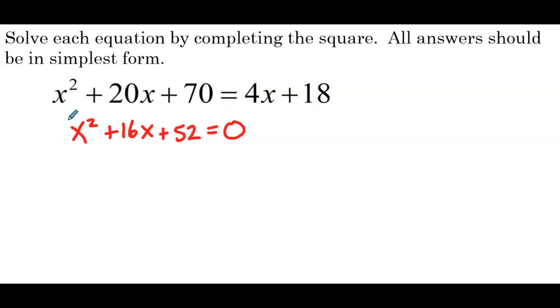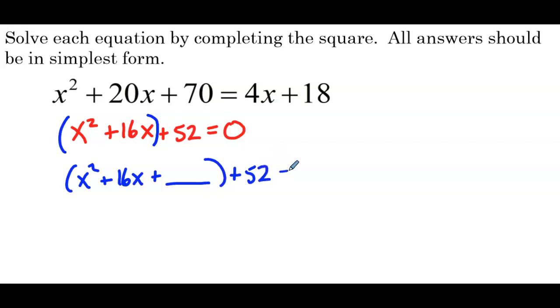Now we're completing the square, so I'll put x squared plus 16x inside of parentheses. So x squared plus 16x plus something. And then plus 52 minus something equals 0. Okay, so what value completes the square? So half of 16 is 8.